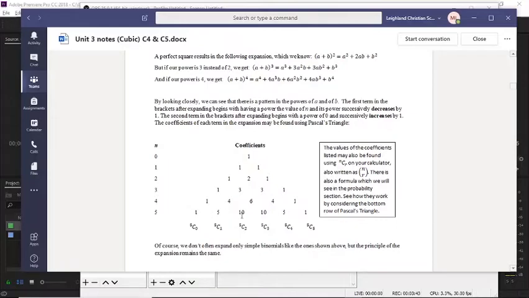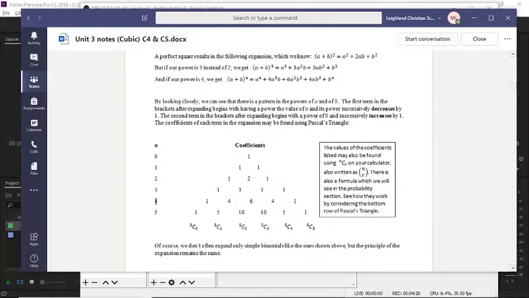Then we can get the next row as well, which is 1, 5, 10, 10, 5, 1. They're found by doing the same thing: 1 and 4 is 5, 4 and 6 is 10, 6 and 4 is 10, 4 and 1 is 5. We could get the next row as well. These numbers correspond to the coefficients. In the expansion of (a + b) to the power of 4, the coefficients are 1, 4, 6, 4, 1.